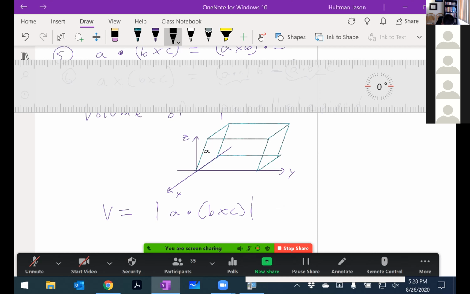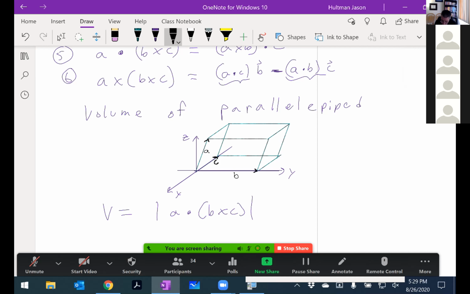This is A. This is B. And this is C. Okay, so this is vector C. This is vector B. And this is vector A. So the volume is the magnitude of A dotted with B cross C. Okay, B cross C dotted with A, and the magnitude of that is going to be the volume.